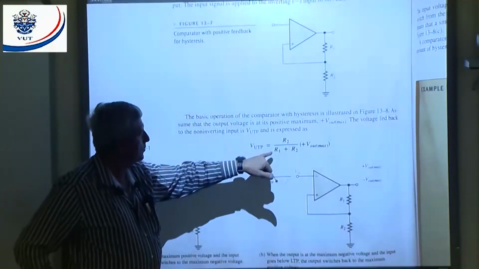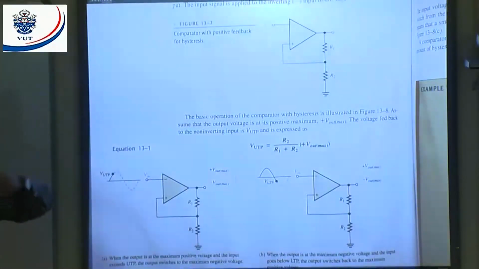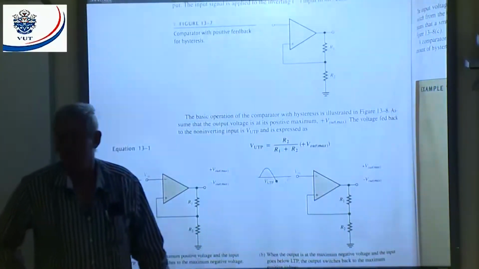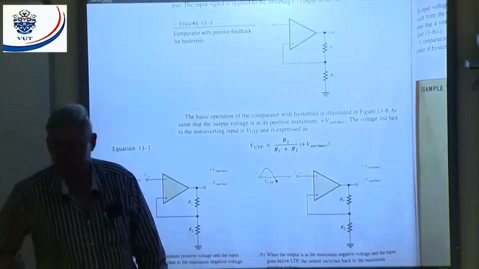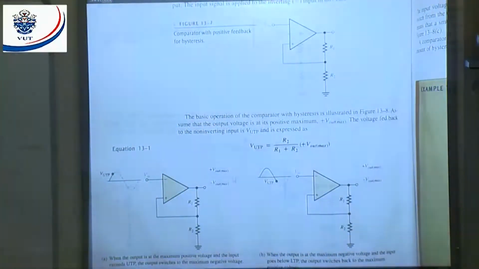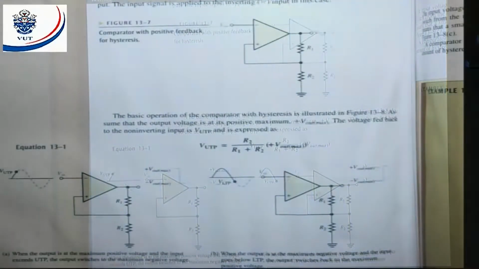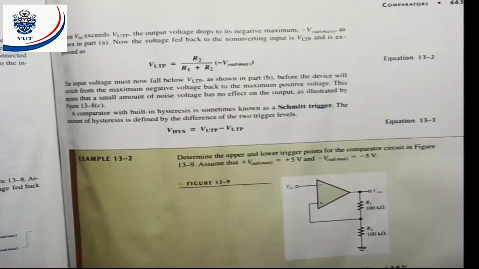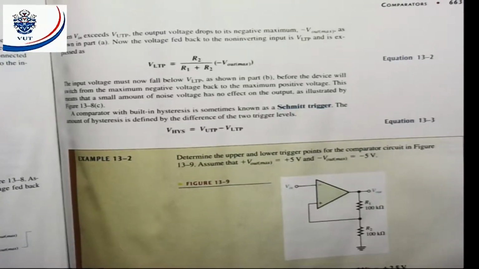Positive, because that thing will always go to the maximum values because there's no negative feedback, all right? And then the lower trigger point is going to be R2 over R1 plus R2 times minus V out maximum, all right?